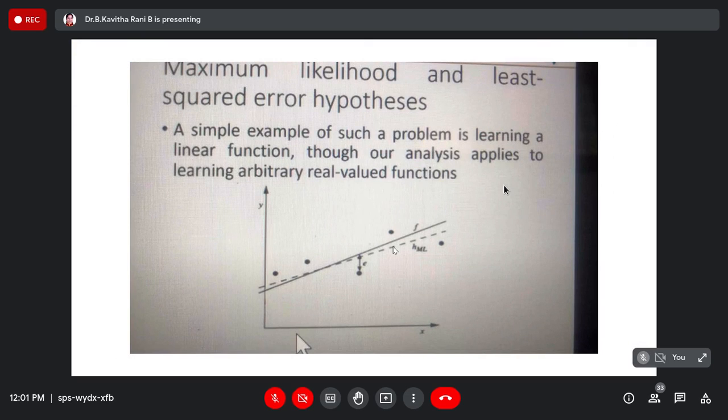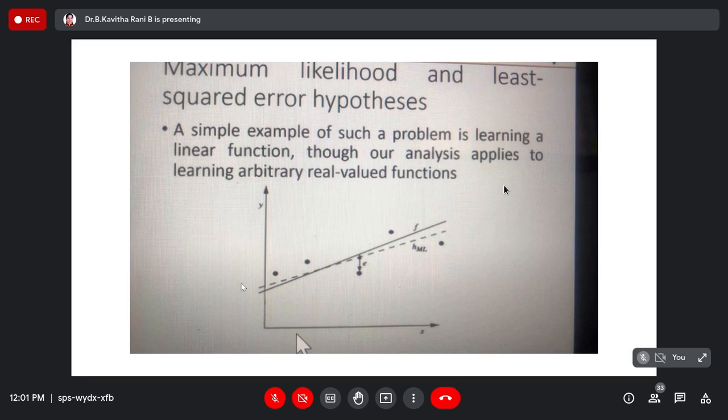So next, that is the target of the learner, to decrease the error rate. When we are predicting different hypotheses, the hypothesis error should be less, minimized.